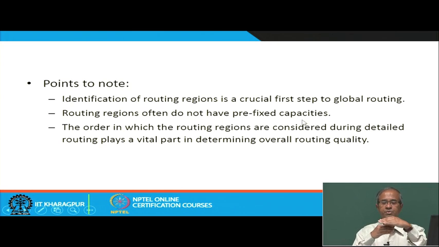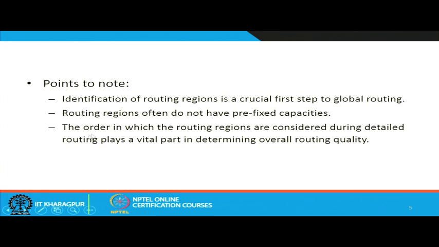Sometimes you can move the blocks around, like in a standard cell where you have the cells arranged in rows, but if you find that the space you have kept for the channel is not sufficient, you can always move the 2 blocks away a little bit, to make space for the channel. Or if you do not require that much space, you can bring them closer together. So, the width of the channels can be adjusted as per the situation.